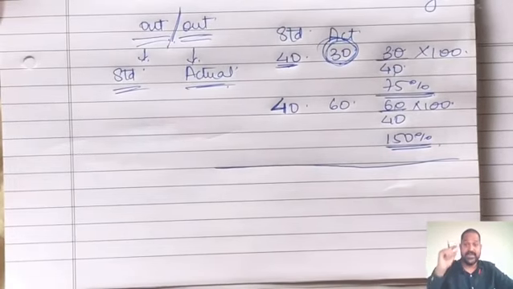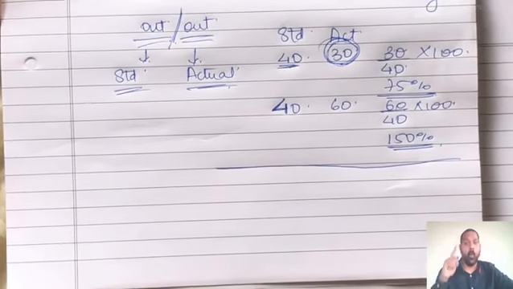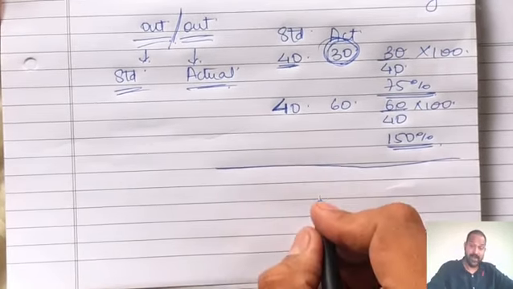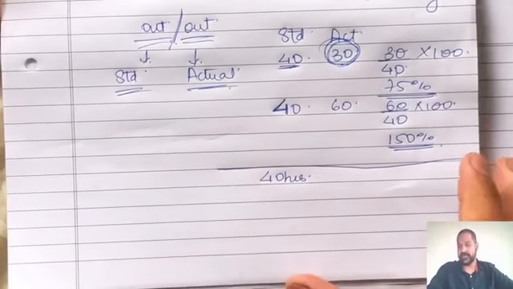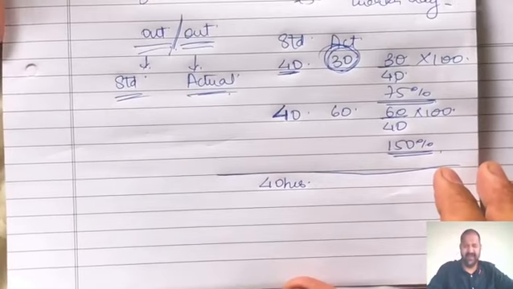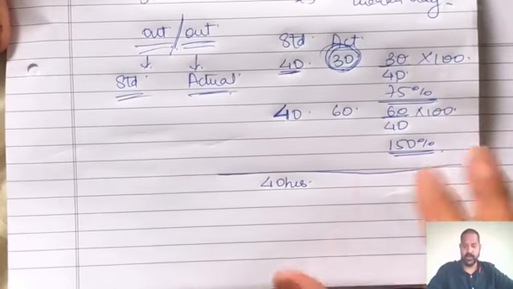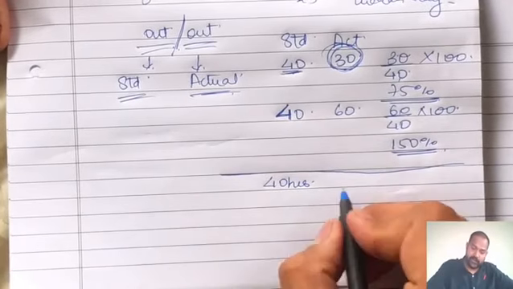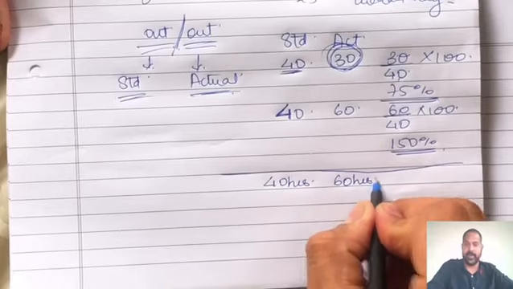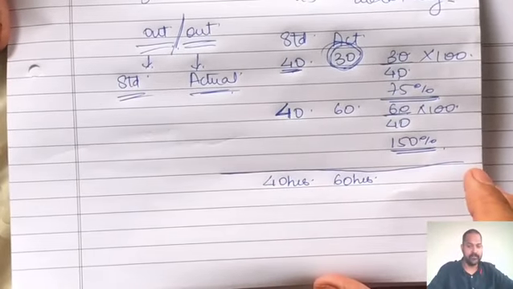If the standard time taken to make 1 unit is 40 hours, and you are taking 60 hours to make it, are you good or are you bad?